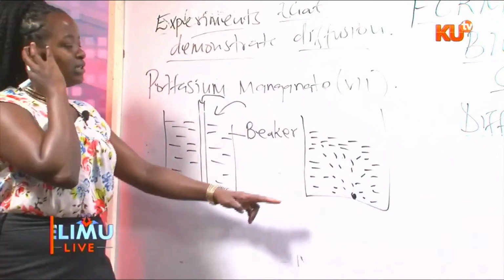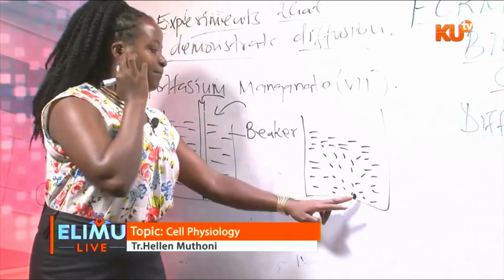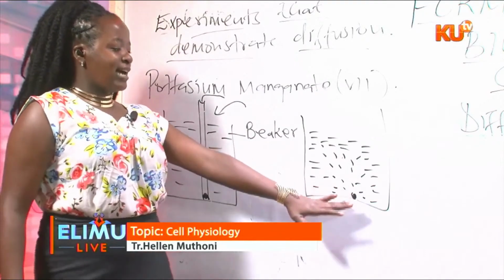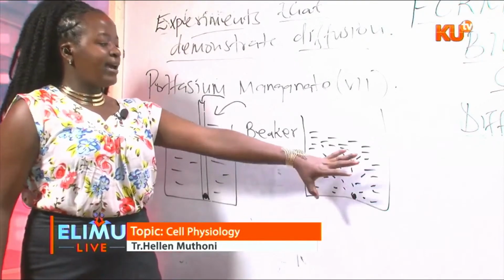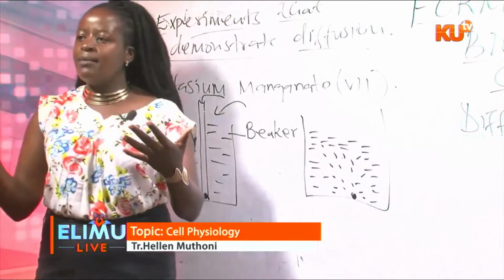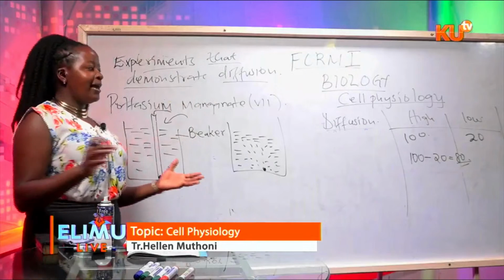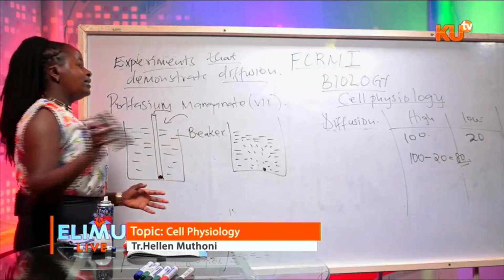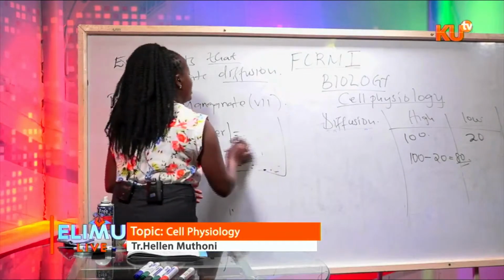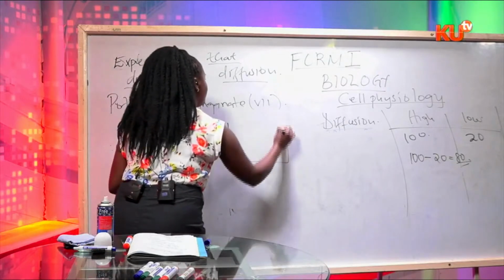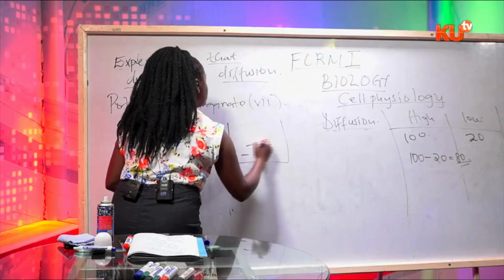So this is the particle of potassium manganate 7, and the particles that compose it will break away. Breaking away means that they will spread themselves, and after a while, all the water will turn purple in color. So this is water.